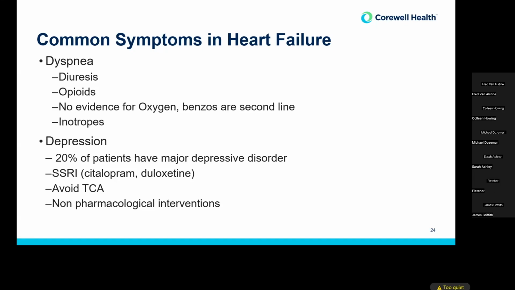I think it's common in patients with all chronic diseases. But 20% of patients have major depressive disorder. A lot of that is just due to the loss of what they're able to do. SSRIs can be a great place to start, and they can be quite effective.